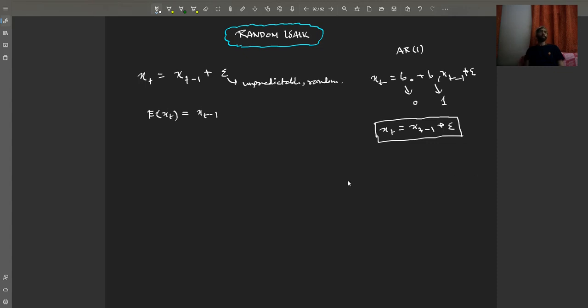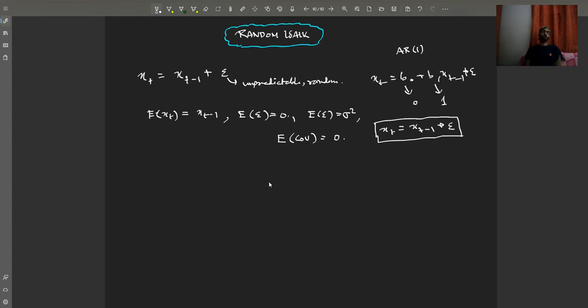Why? Because the expected value of the error can be nothing but 0. Why? I'll tell you in a while. And the expected value of the variance is equal to sigma square. Similarly, the expected value of the covariance is equal to 0.